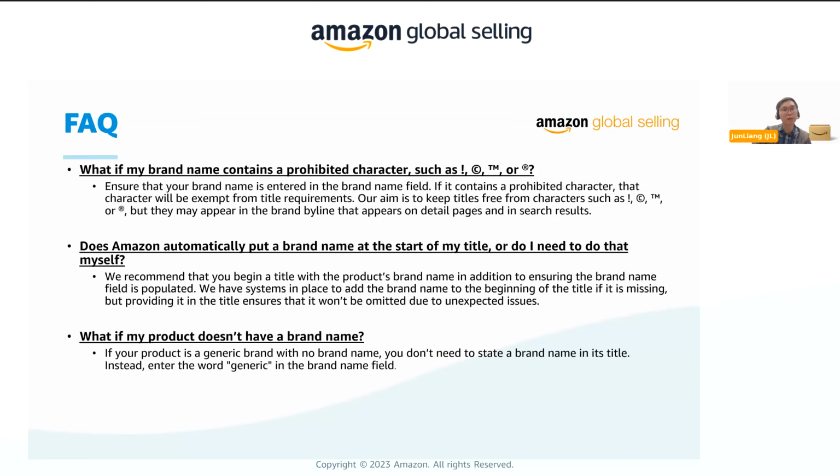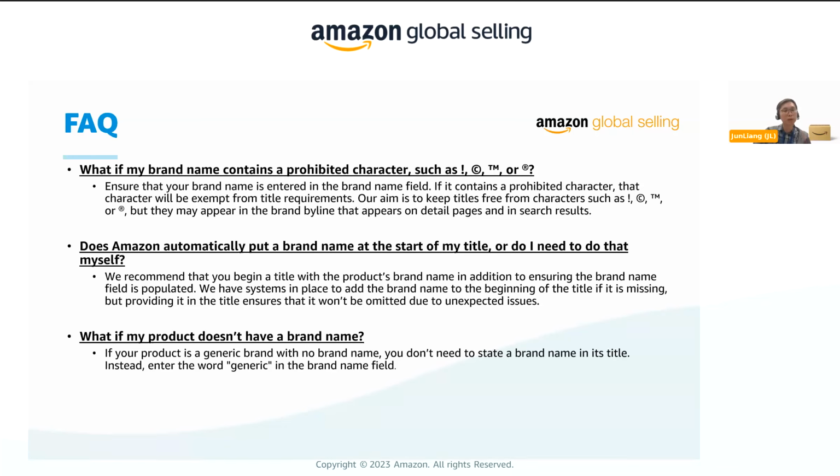If it does contain some of these prohibited characters, it may be exempted. I would say you list it first, and then if it gets flagged by our system, you submit your supporting documents if required, to state that this is part of your registered brand, so that you can keep the listing from being suppressed and get it approved.